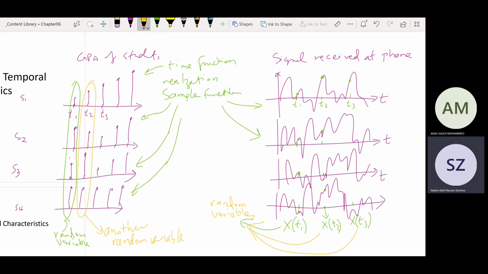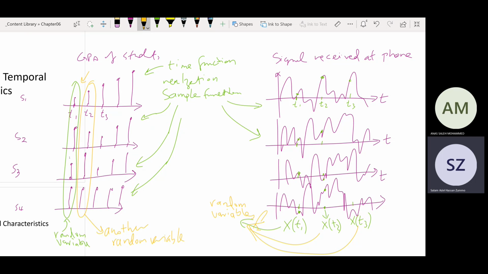Every random variable here, is it discrete or continuous? If I look at the GPAs of all students in one semester, is it a discrete random variable or a continuous one? You don't have specific points that you are restricted to. You can have 2.54, you can have 2.55.